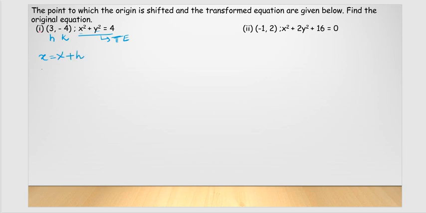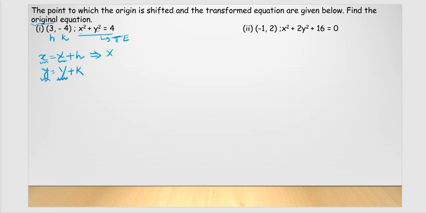The same way small y is equal to capital Y plus k, right? So these formulas you know, but what I need is the original equation, no? Since I need the original equation, I need the expansion in terms of small x and small y. That means we need to take the values of capital X and capital Y here.